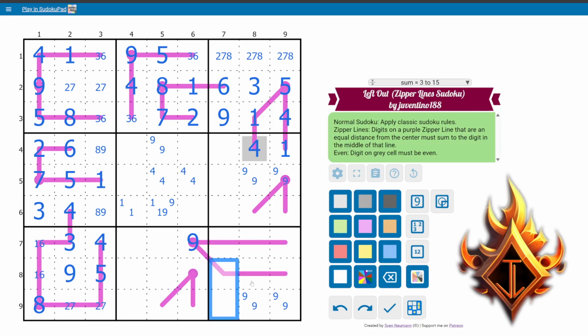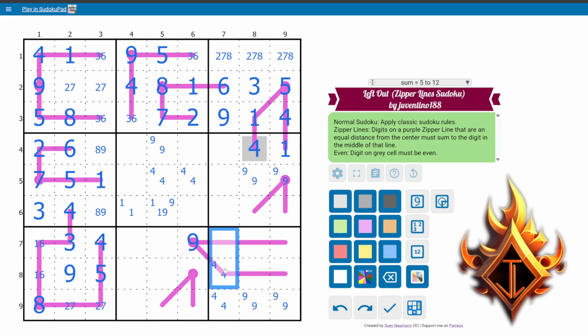4 goes in one of these. That is 4, that is 5. All good. A 7, 2 is going to be somewhere. Eight, 1.